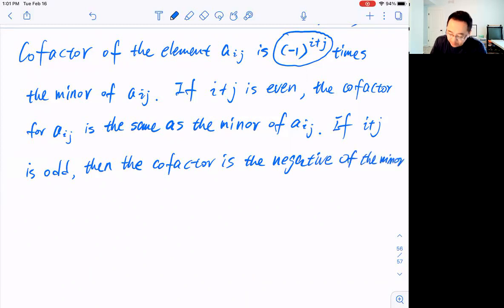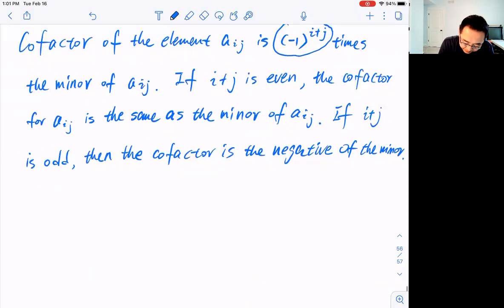Because let's say it is A2,3 you're looking at. That's the element on the second row and third column. Well, 2 plus 3 is 5. So -1 raised to the 5th power is still -1. So -1 times the minor is going to be the negative of the minor.